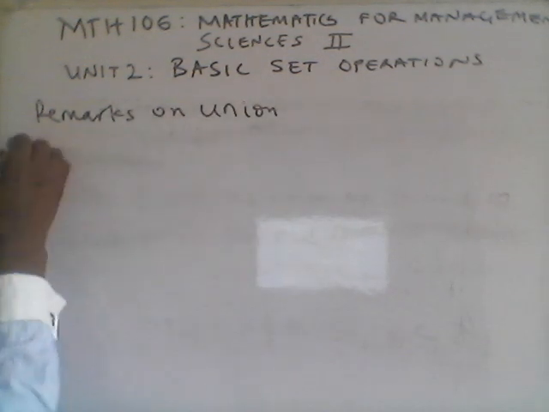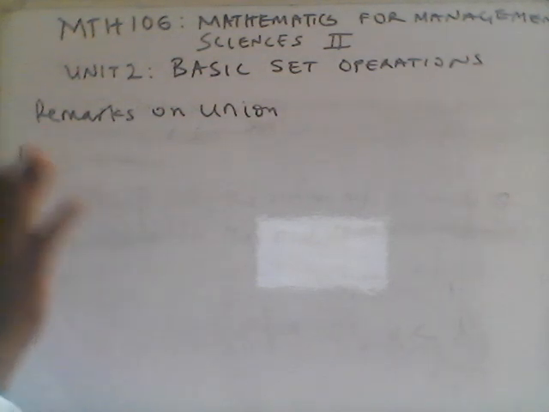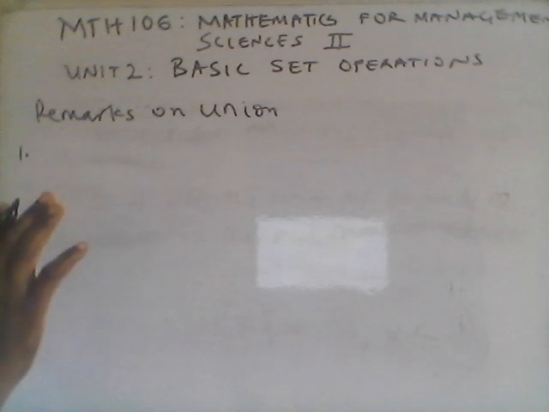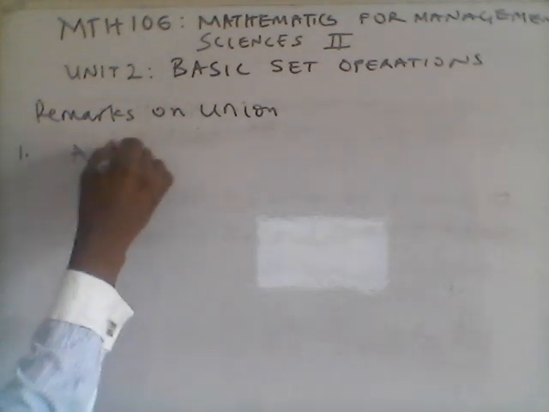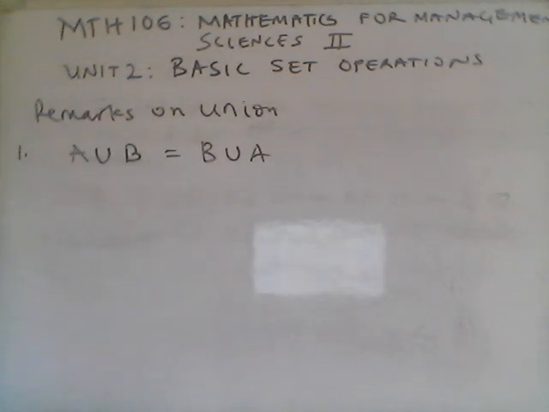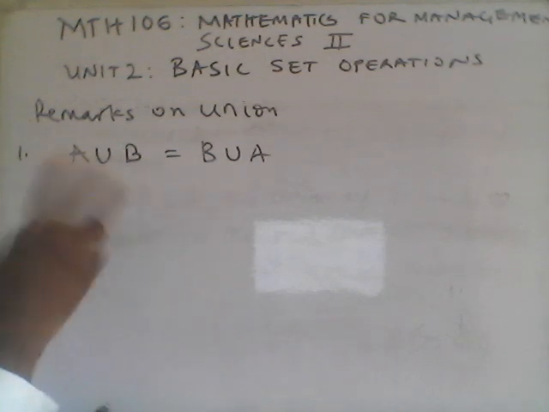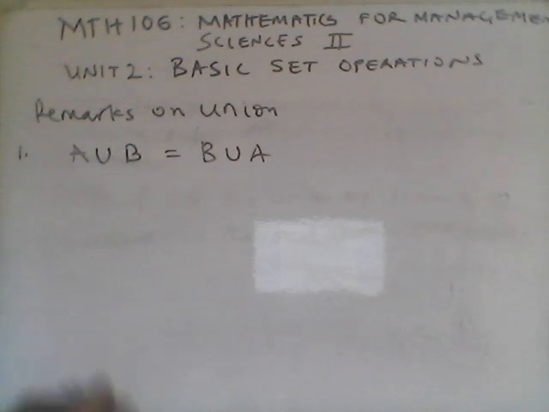The first remark is that, from the definition of union of two sets, A union B is the same thing as B union A. This is commutativity. That means I can change the position and the set remains the same. So that's the first remark.